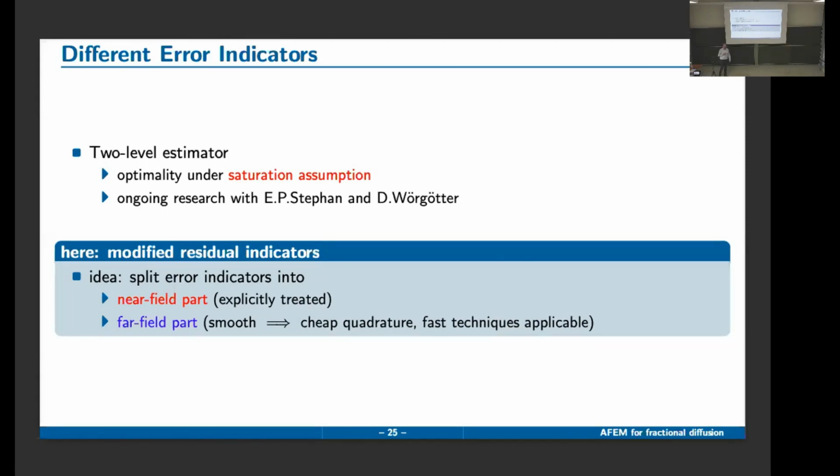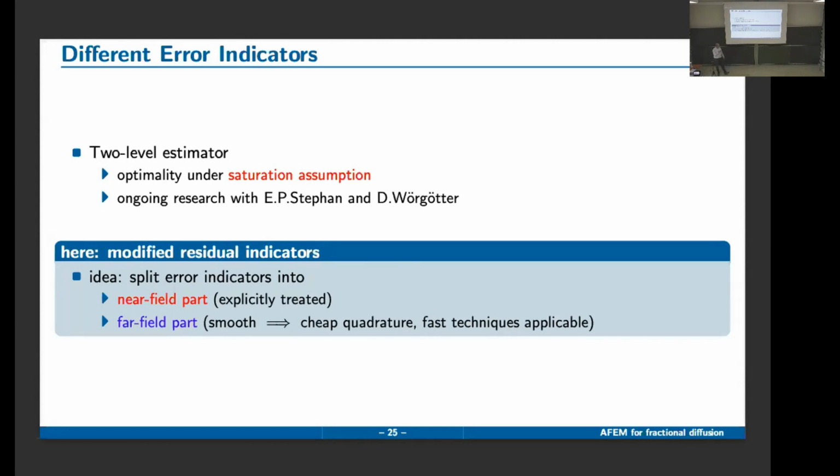If an idea works once, do it twice. Do it as long as it doesn't work. So the idea is, maybe I don't need the accurate quadrature everywhere, and I don't need this sum over all elements everywhere, if I decompose my error indicator into something which is localized somewhere and smooth somewhere else. So I split it into two parts again, into a near field part and a far field part, but this time for the error indicator, not only the operator.